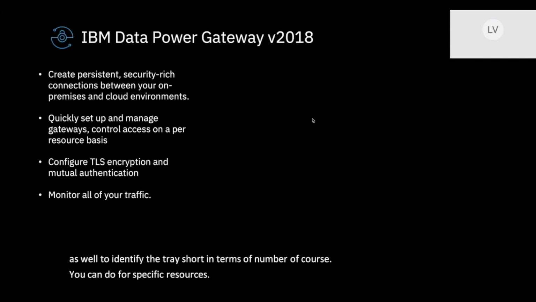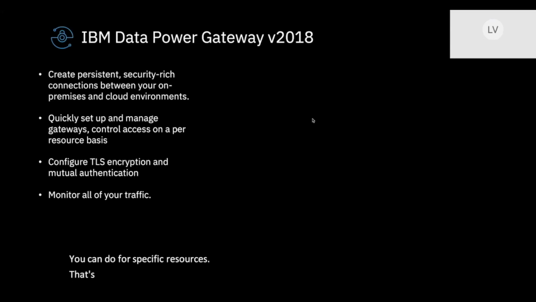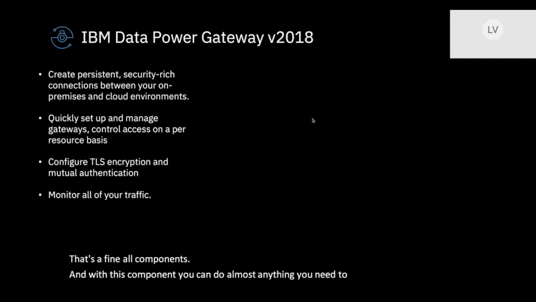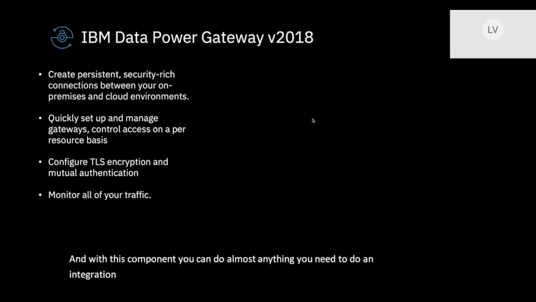That's the final component. And with these components, you can do almost anything you need to do an integration. But with Cloud Pak for Integration, we provide you much more than this list of components. This is much more than a package.